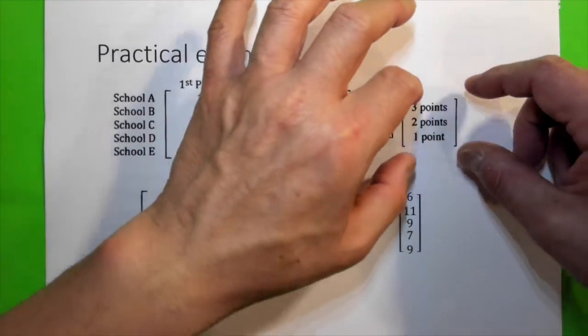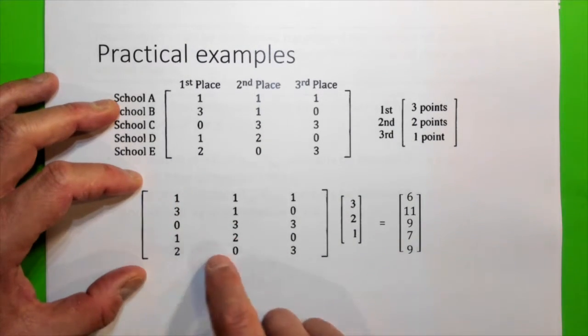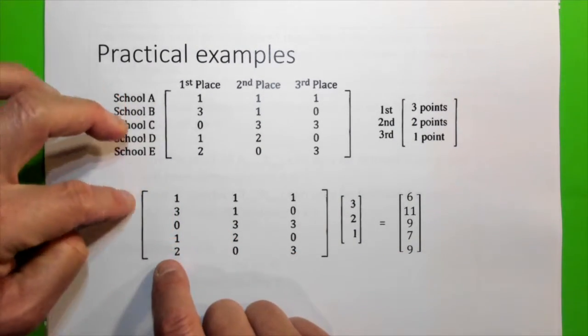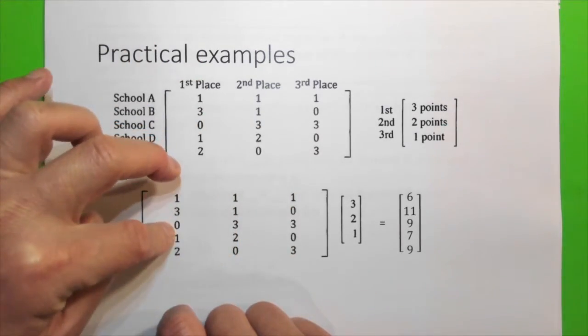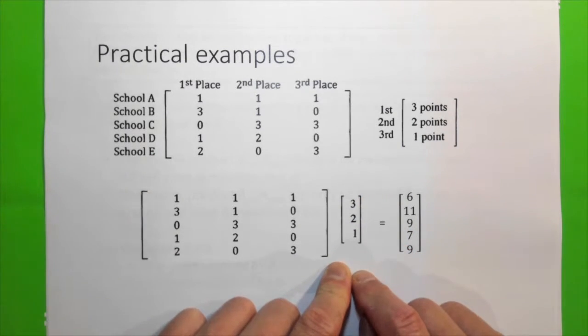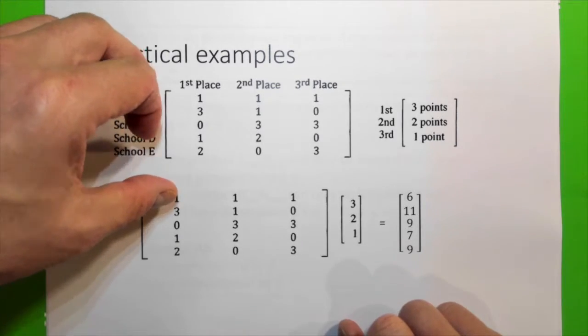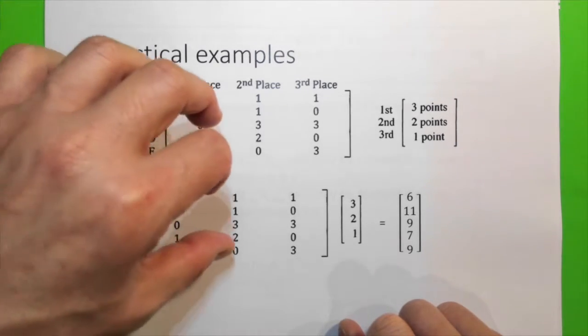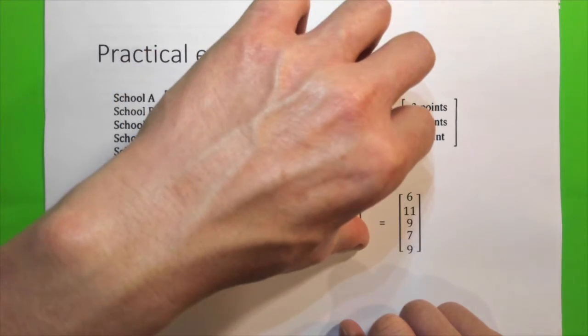Now, we can put this in actually a matrix form. This is actually the number of schools and the number of places they got. And that is the points, first, second, and third. So, if you do a matrix multiplication, you've got 5 by 3 and 3 by 1.